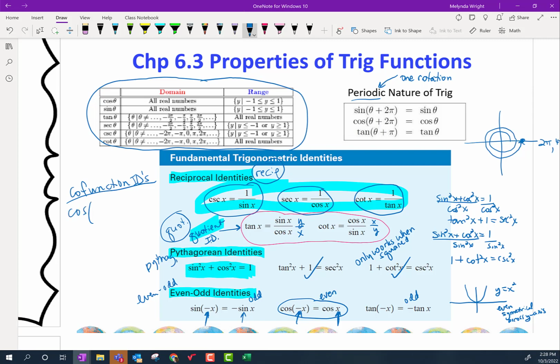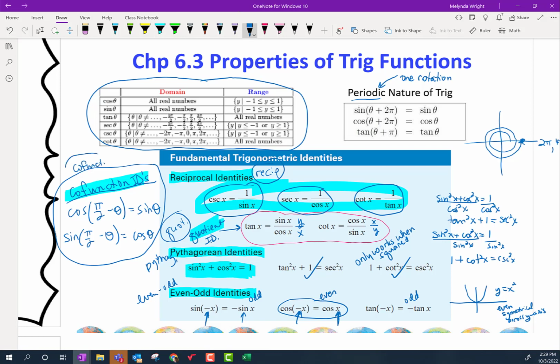Cosine of pi over 2 minus theta is the same as sine of theta, and sine of pi over 2 minus theta is the same as cosine theta. These are new. They're called co-function identities, and we would abbreviate them as COFUNCT, co-function.